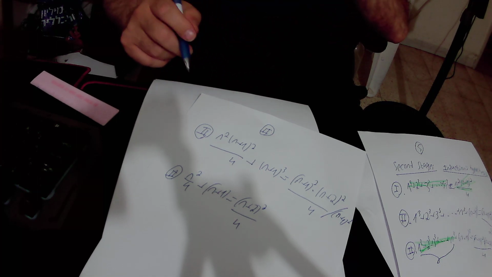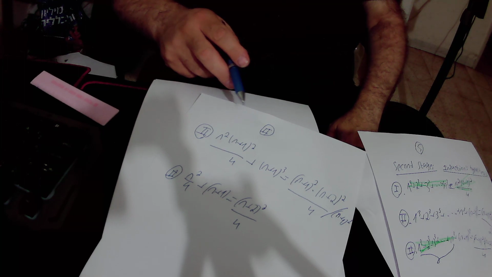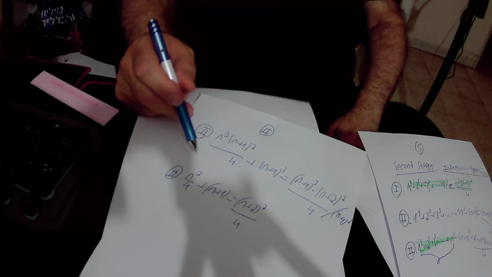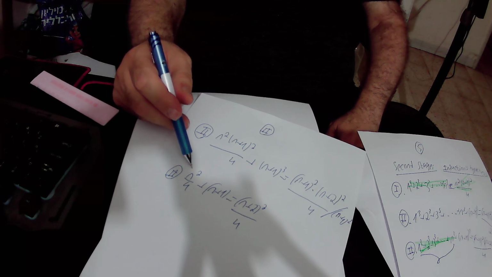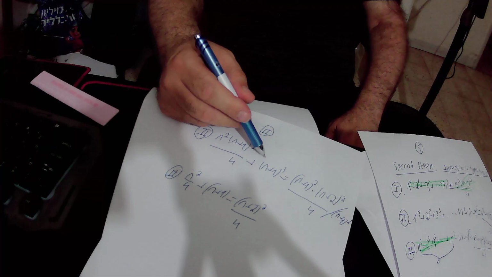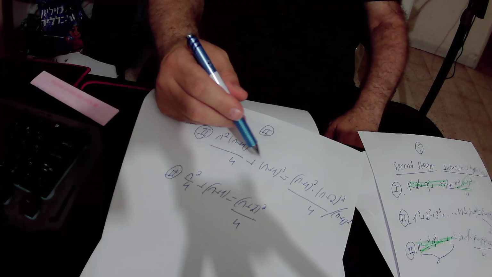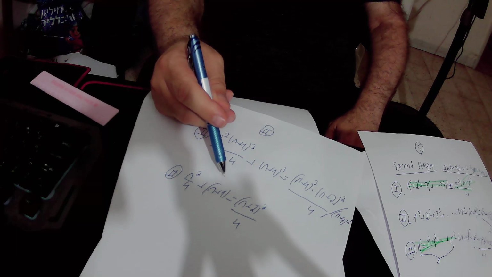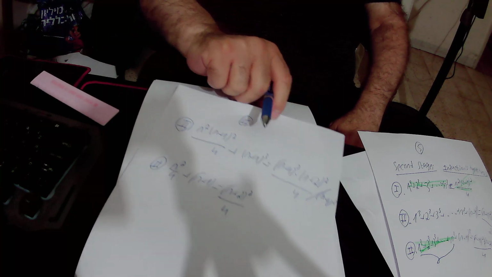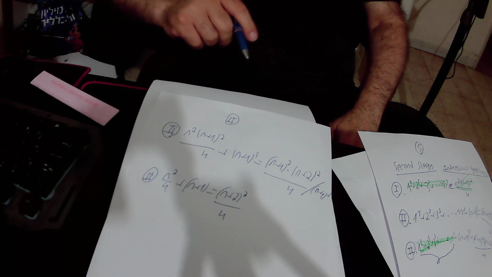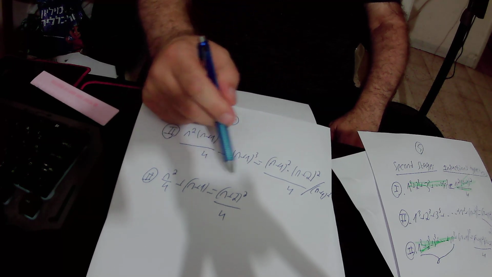So n squared times n plus 1 squared divided by n plus 1 squared equals to n squared, and we divided it by 4, and n plus 1 to the power of 3 divided by n plus 1 squared will be n plus 1, and n plus 1 squared times n plus 2 squared divided by n plus 1 square will be n plus 2 square, and we divide it by 4.